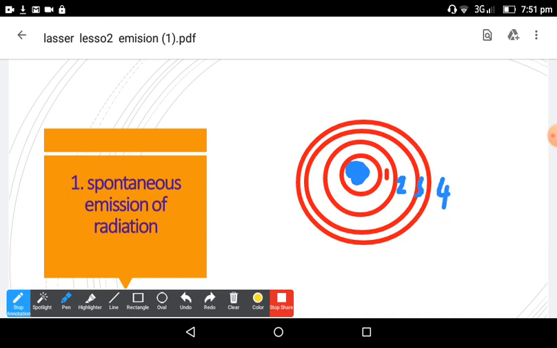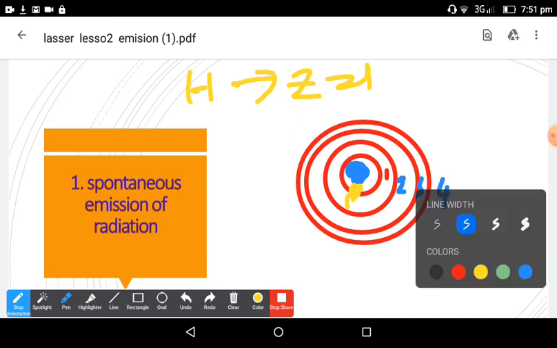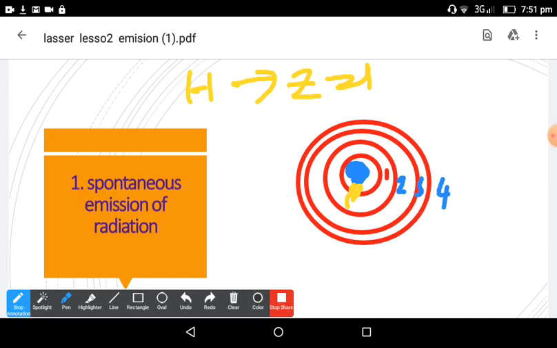For hydrogen, the atomic number equals 1. It has only one electron, and this electron is in the first orbit. Next, the electron in the first orbit will have a certain energy level.